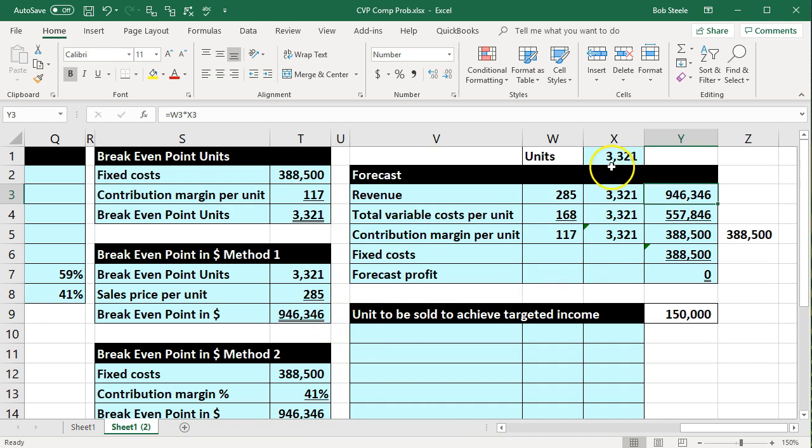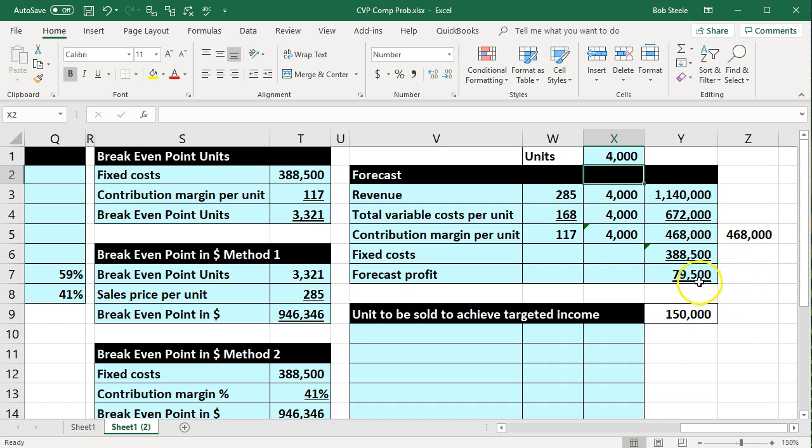The nice thing we can do now is say, well, obviously we're looking to make a profit here. We can say, well, how many units do we have to sell to make a certain profit? Well, one way we could do that is we could just change this one number with the forecasting, something we cannot do easily with a standard type of income statement. This allows us to set things up pretty easily. So I can say, well, what would happen if we sold 4,000 units, for example?